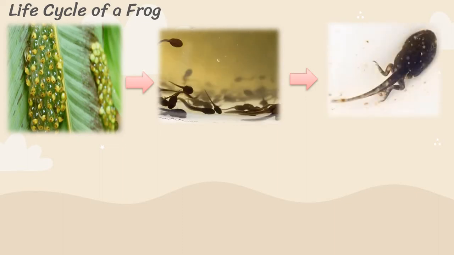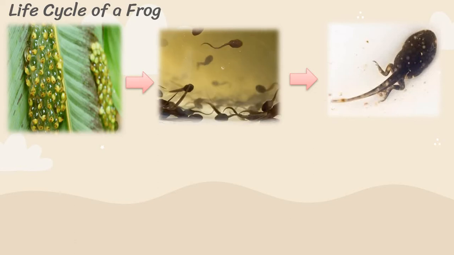As the tadpole grows, its hind legs appear. These hind legs are helpful. They enable the tadpole to push itself to the surface of the water. Later on, the front legs appear and the tail becomes shorter.